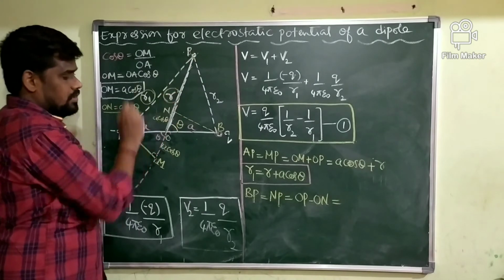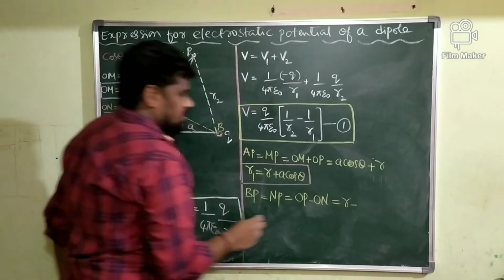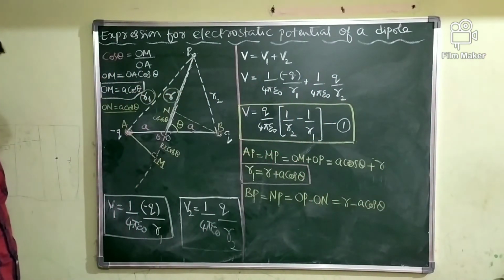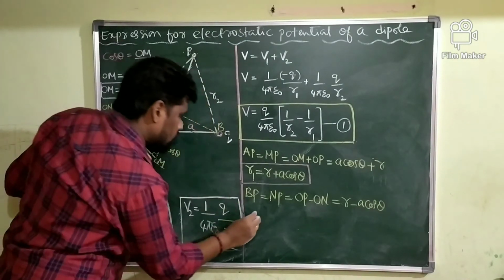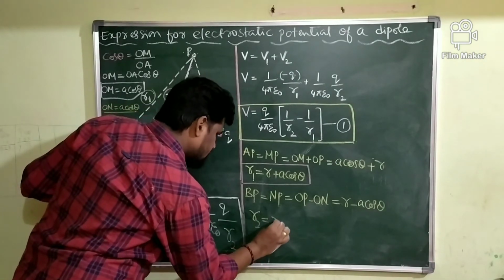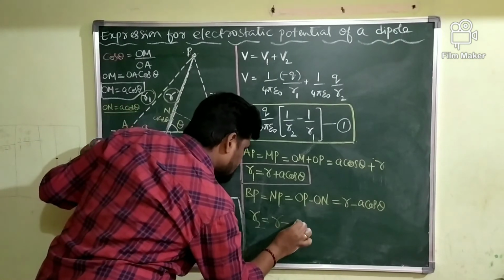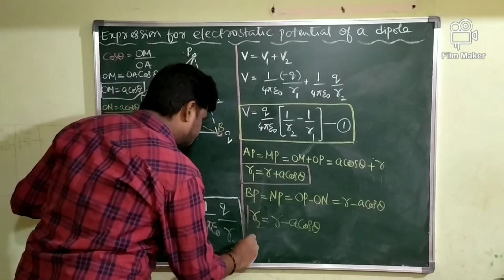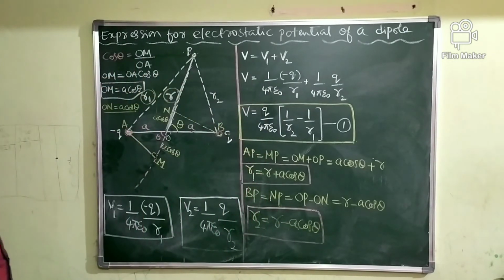OP is R, minus ON, which is A cos theta. This implies BP is nothing but R2. Therefore, R2 is given by R minus A cos theta.